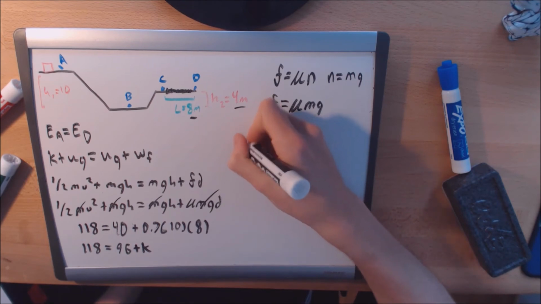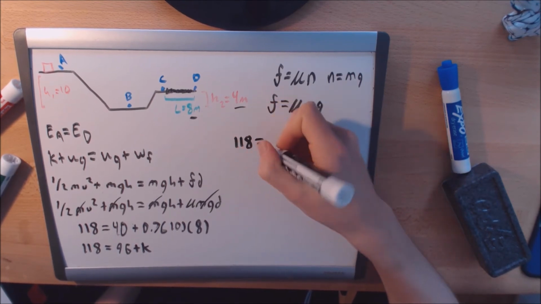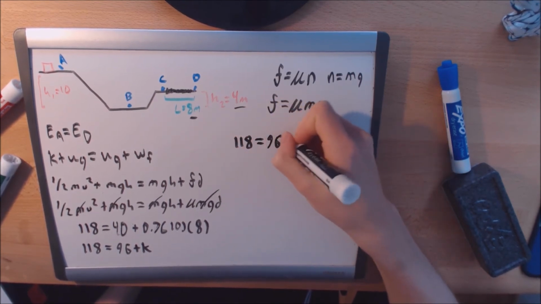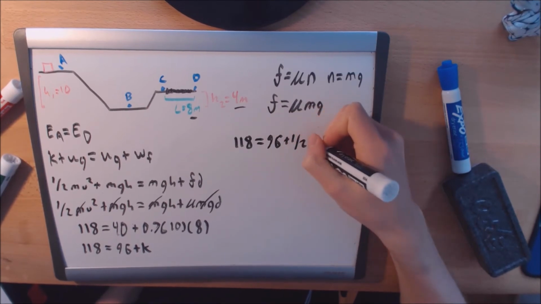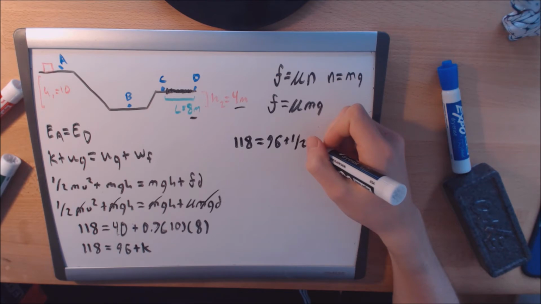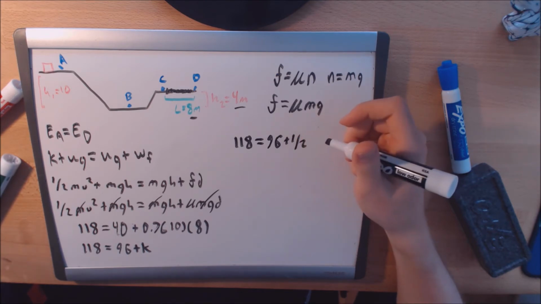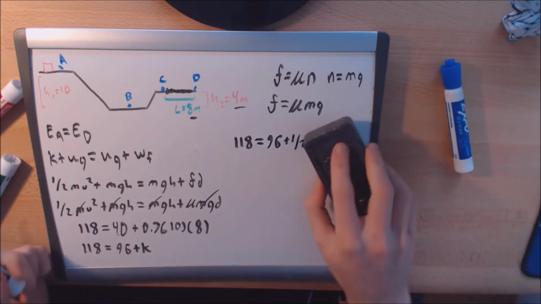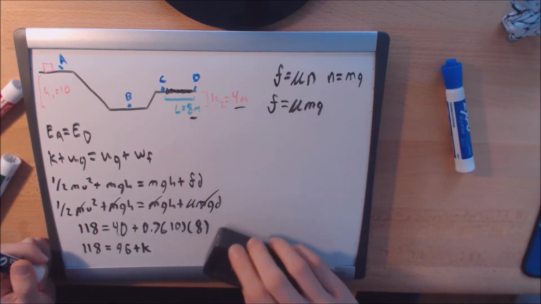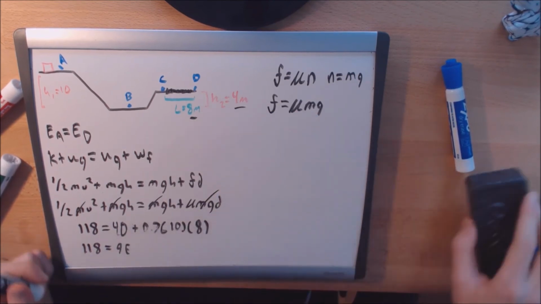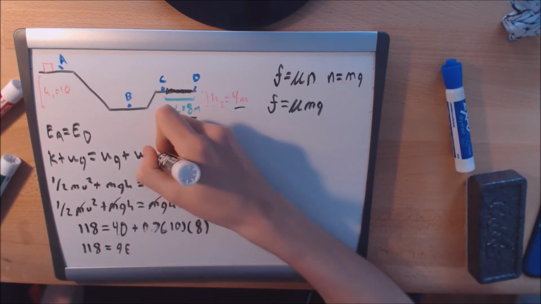So 118 equals 96 plus 1/2 mv squared. Well, what I'm doing is kind of flawed because I have to include the k back here.